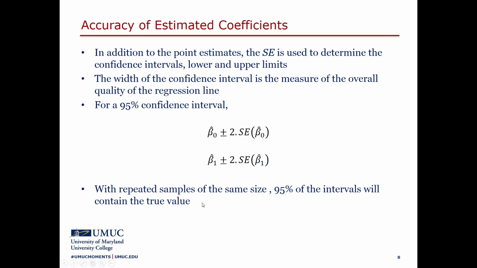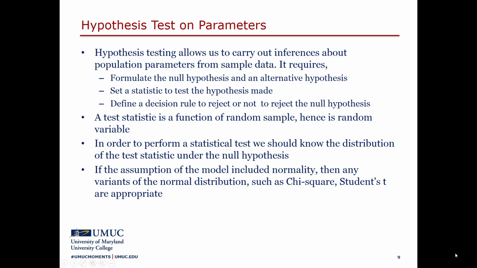What that means is, with a repeated sample of the same size, if you take multiple samples from that domain of the sample size, 95% of the intervals will contain the true value. Okay, that means that there's probably a 5% chance that they might fall outside of the confidence interval.